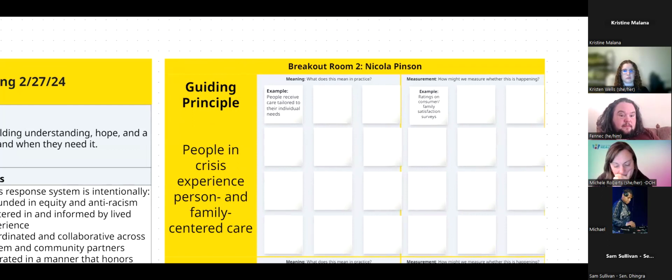And so, as we just did in the large group, we are thinking about these 2 core questions. What does this mean in practice, that people in crisis experience person and family-centered care? And how might we measure whether this is happening?